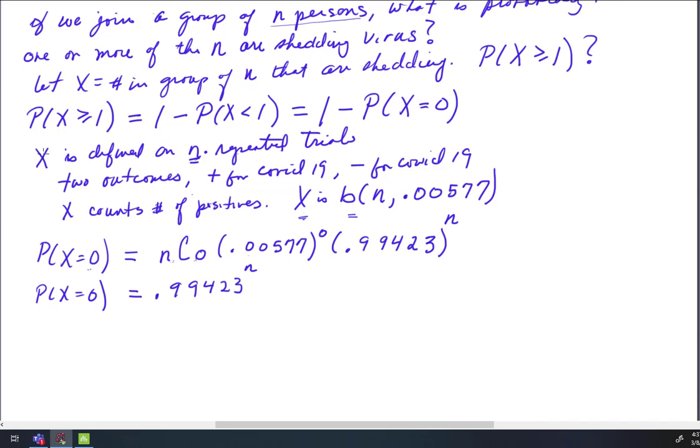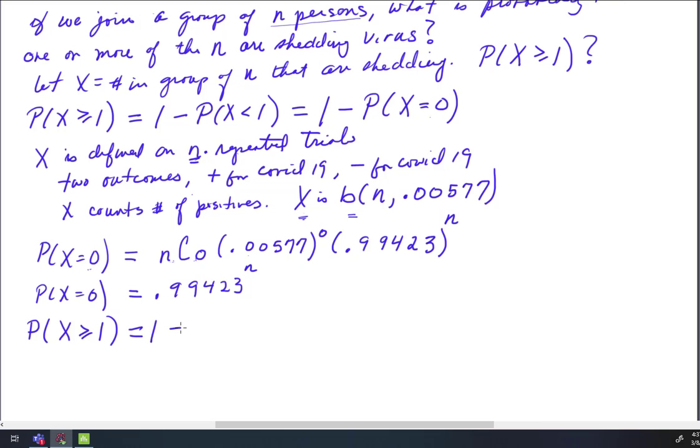But what was the question we asked? We said, what's the probability that you're going to be rubbing shoulders with one or more people that are shedding a COVID virus, that is X greater than or equal to 1. And we calculated that was going to be 1 minus the probability that X is equal to 0.